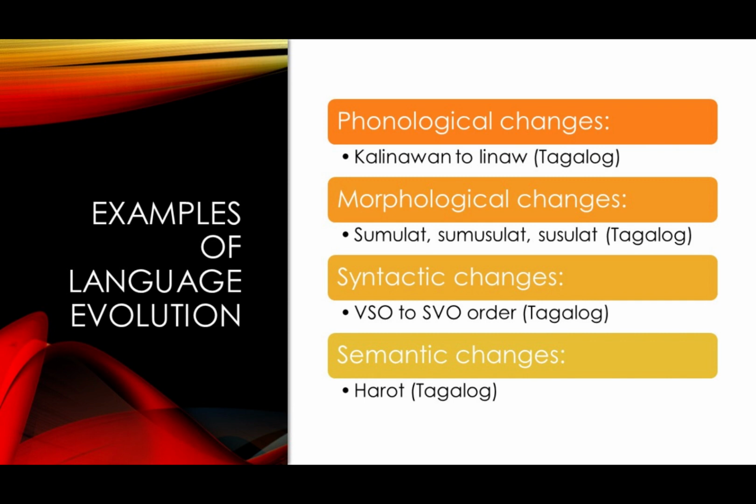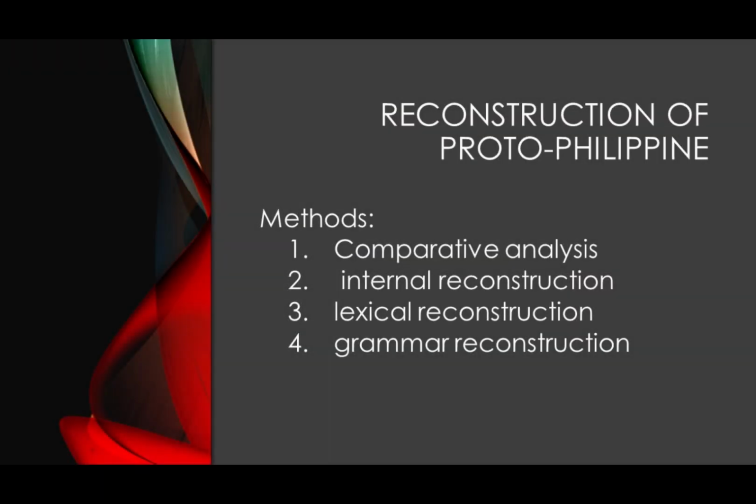The reconstruction of Proto-Philippine involves methods like comparative analysis, internal reconstruction, lexical reconstruction, and grammar reconstruction. These methods help linguists infer the characteristics of the common ancestors of Philippine languages.